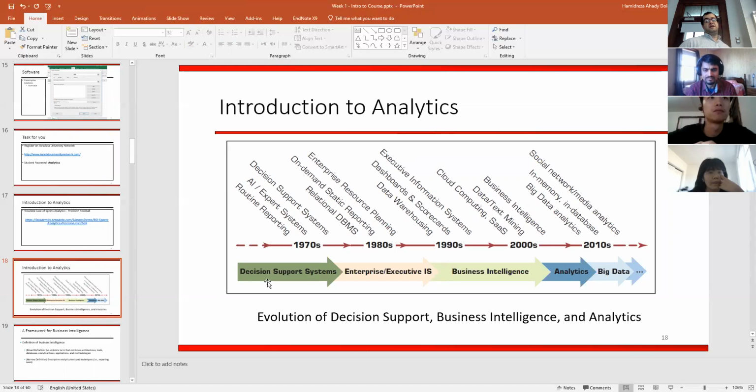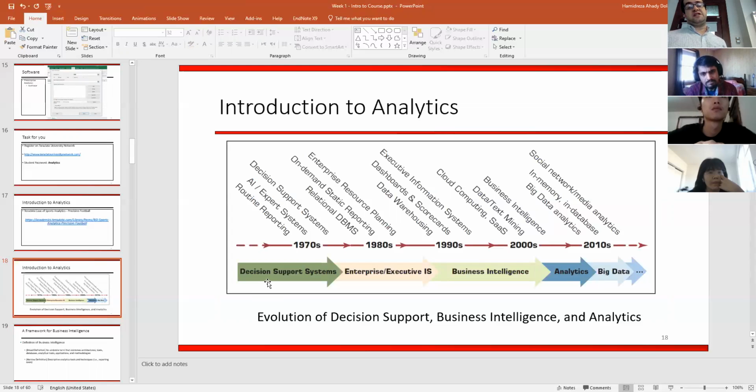Data was larger, so they needed to create advanced database management systems. Also ERP, or enterprise resource planning software, was created, for managing the whole enterprise.